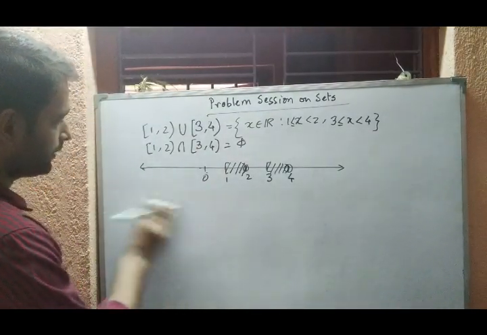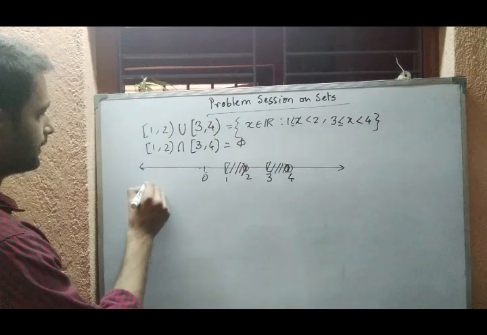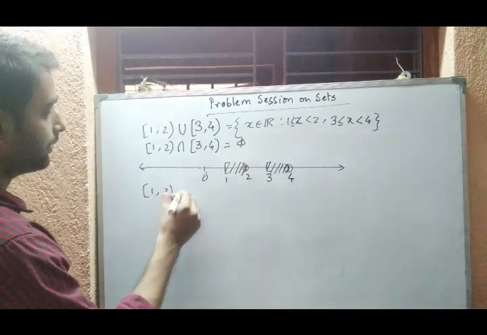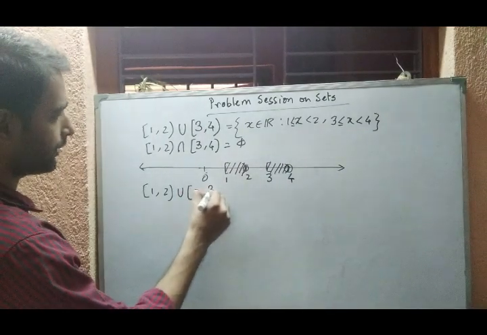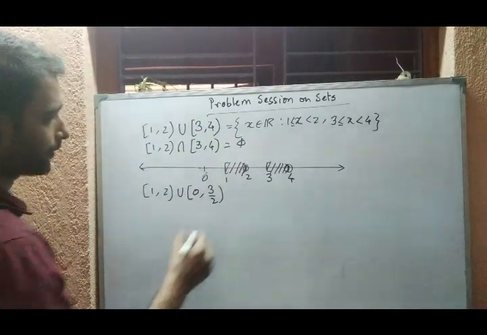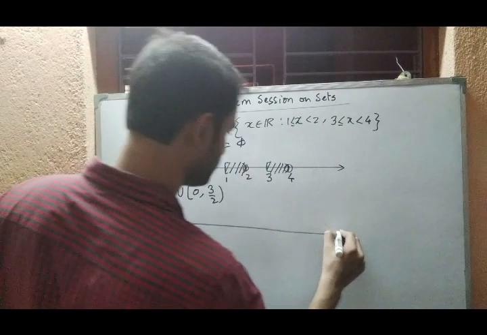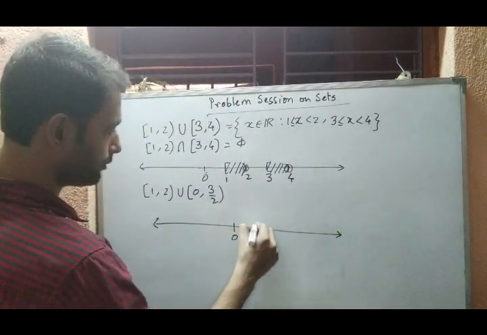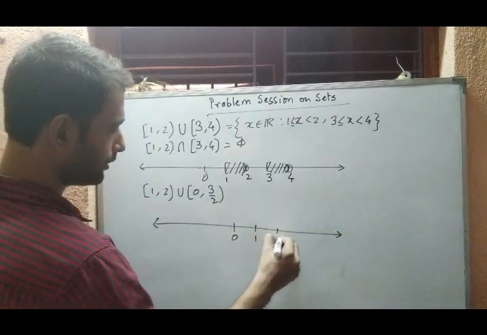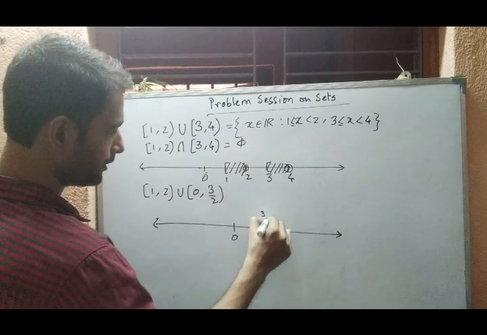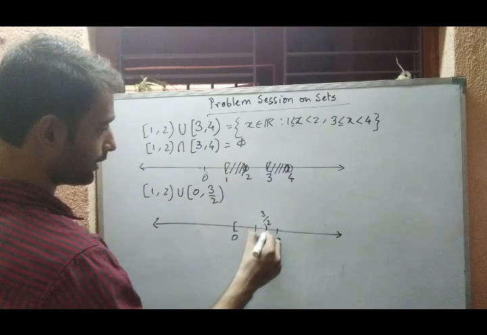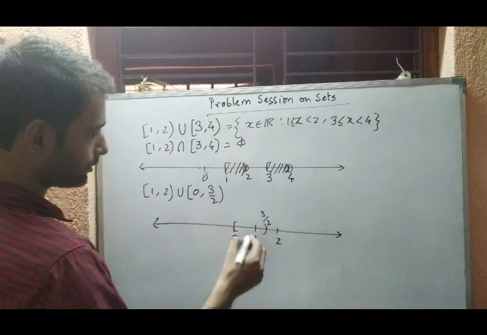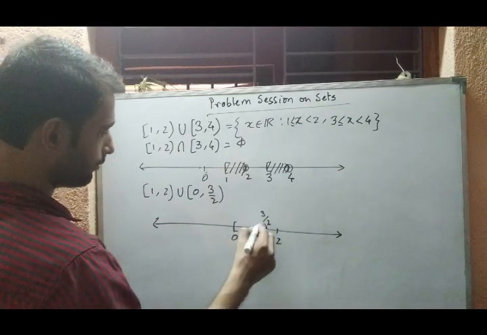Similarly, if you want to find the intersection and the union of, say, [1, 2) and [0, 3/2), they will look like this: 0, 1, 2, and in between it will be 3/2. We are taking 0 to 3/2 and 1 to 2.